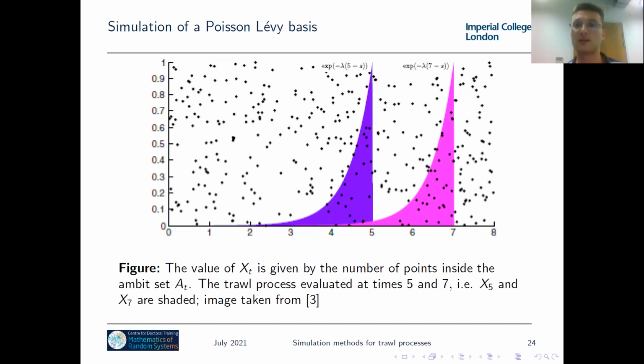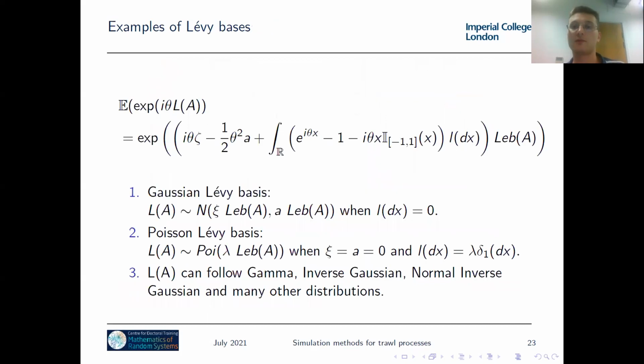This poses certain technical challenges. First, if the Levy measure L cannot be normalized to a probability measure, that is, if it has infinite mass, then we have to truncate the support of L, and this results in an inexact simulation.